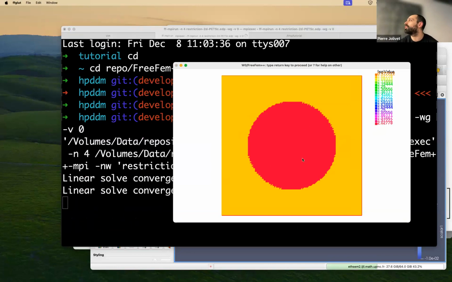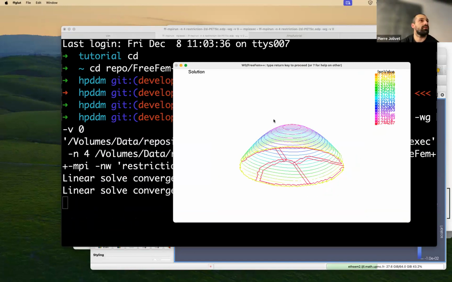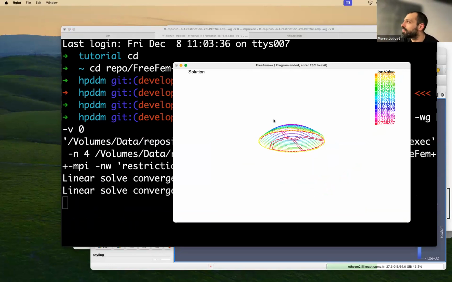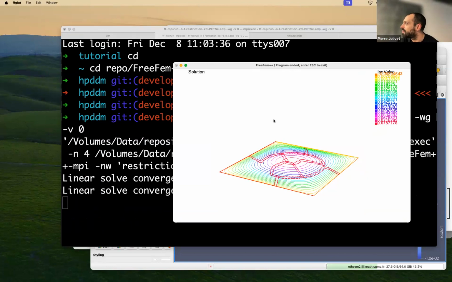We want to solve the Poisson equation just on the circle, and then we want to go from the circle to the full domain. There is an example in the distribution which does this. Sorry, there is no better documentation for now.